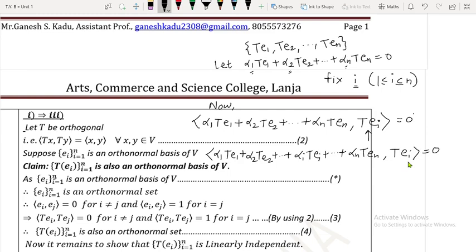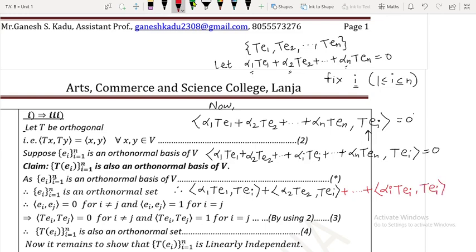Now by using simple properties of inner product, therefore this will be inner product of alpha 1 T of e1 with T of ei plus inner product of alpha 2 T of e2 with T of ei, I will use red pen so that it is visible properly, plus this will be continued, plus पुढची टर्म काय येईल, alpha i T of ei with T of ei, plus so on.